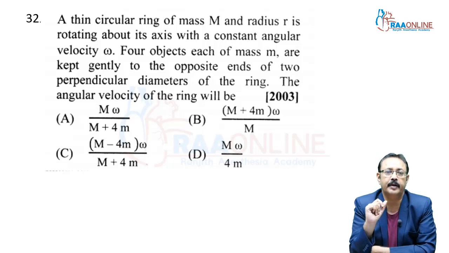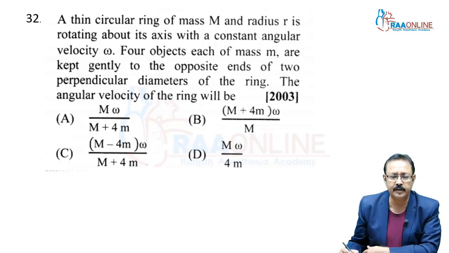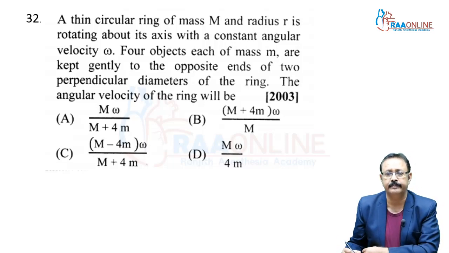If torque is 0, angular momentum should be conserved. What is angular momentum? I into omega, the product of I and omega. It should be the same before your event and after your event. So what was the angular momentum? It was a ring rotating with an angular velocity omega.